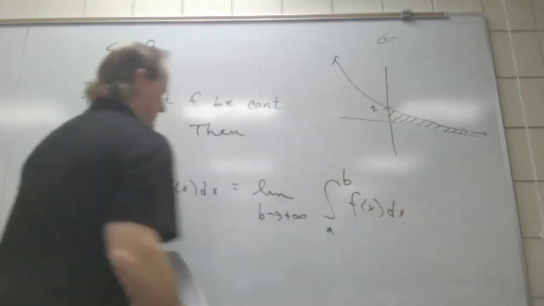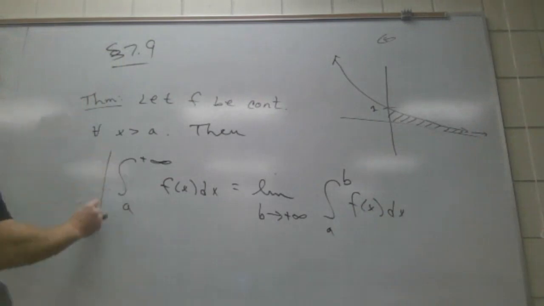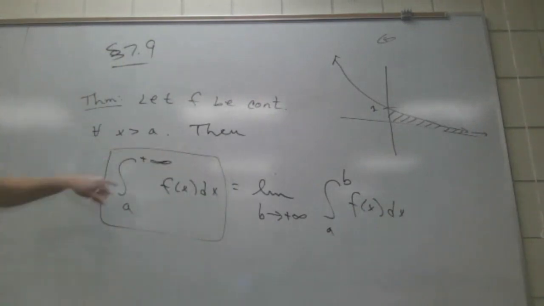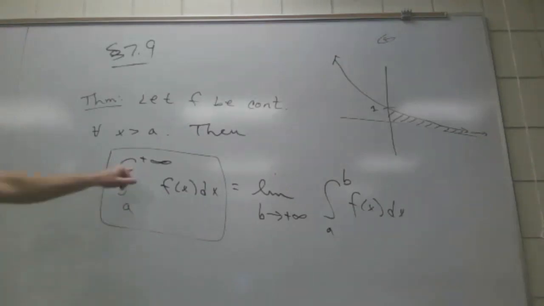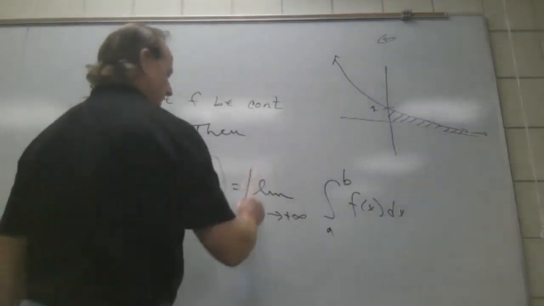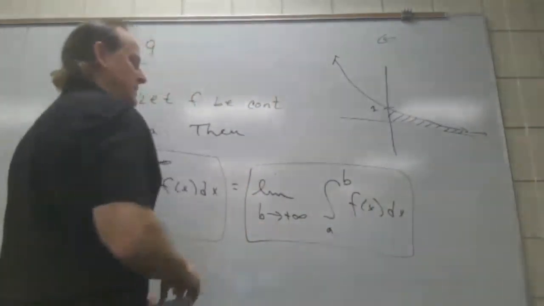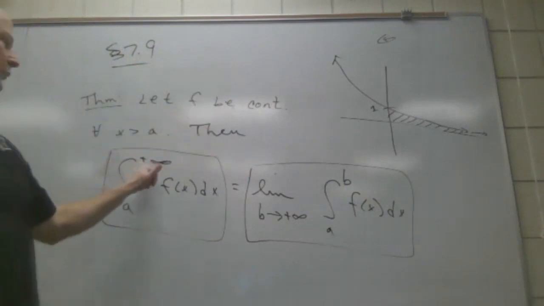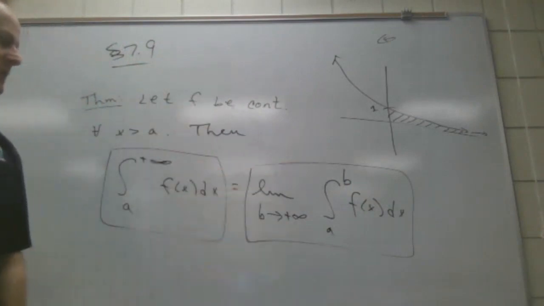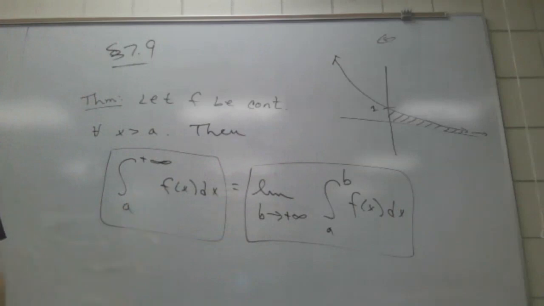Okay? So basically, if I have what I call an integral with an infinite limit of integration up here, this positive infinity, I need to rewrite it. And I can do that as long as f is continuous for all x bigger than that lower limit. So as I go to the right, which is essentially what's happening here, I can rewrite it like this.